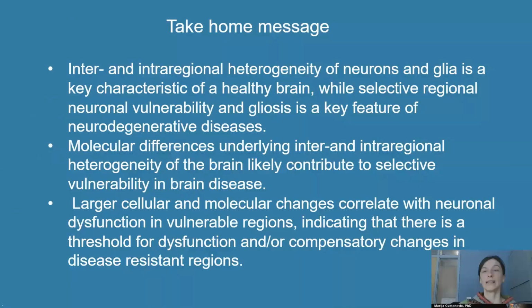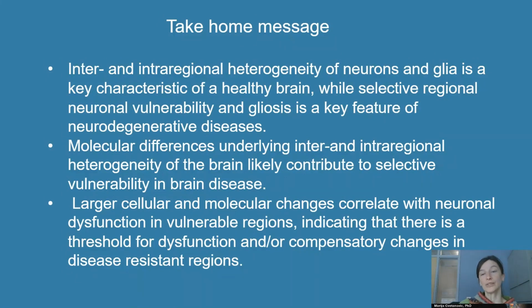But the big take-home message, which is a little bit further away from SCA1, is that this inter- and intra-regional heterogeneity of neurons and glia in a brain is a key characteristic of a healthy brain. But selective regional neuronal vulnerability and gliosis is also a key feature of neurodegenerative diseases, so they go hand in hand.